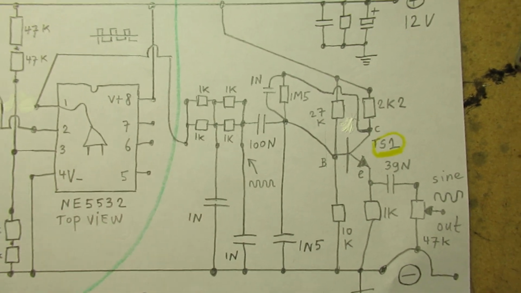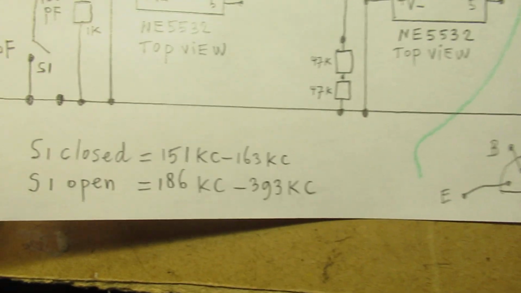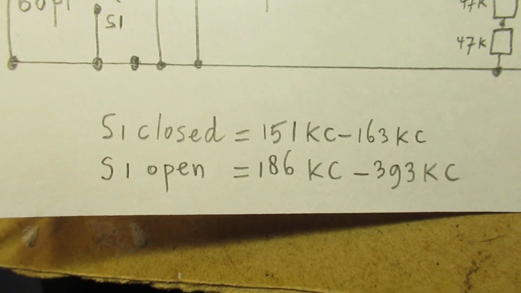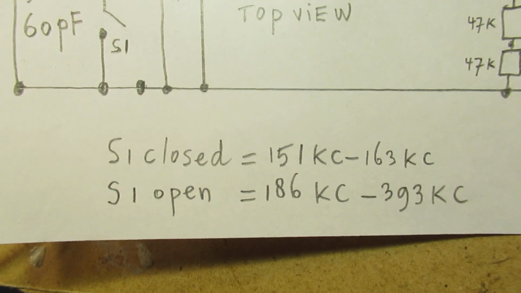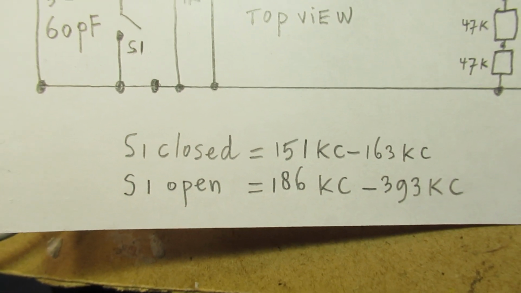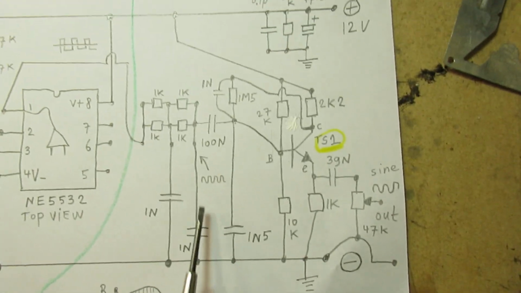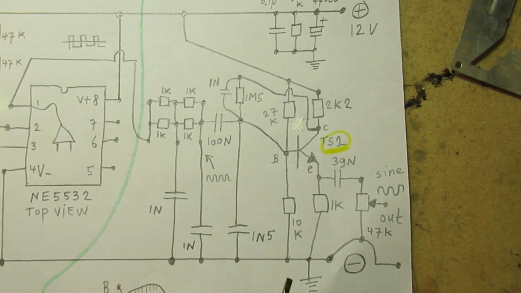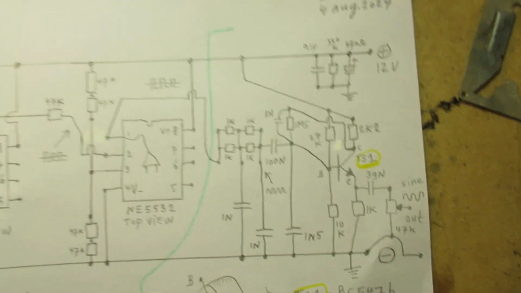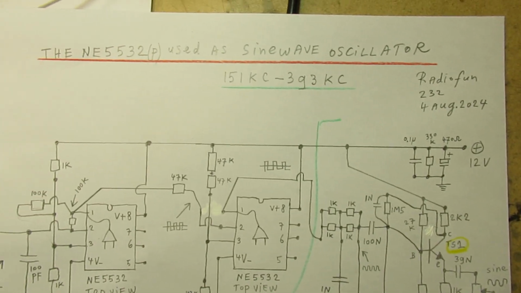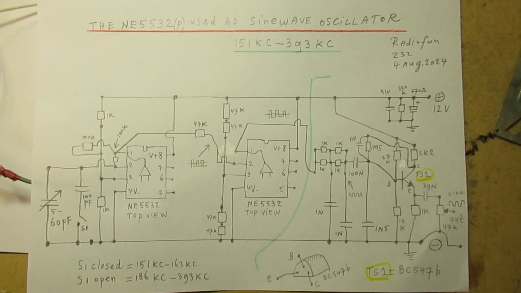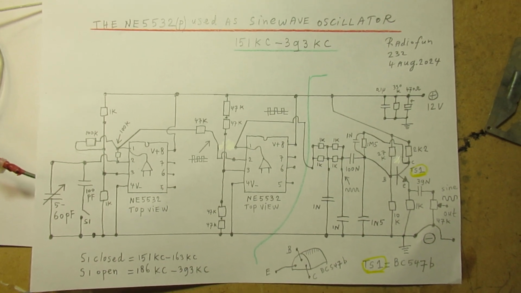And because we are now working on quite a high frequency, between 150 kilocycles and 400 kilocycles, the filter capacitors have to be small. Anyway, let me give a demonstration about how this circuit works.